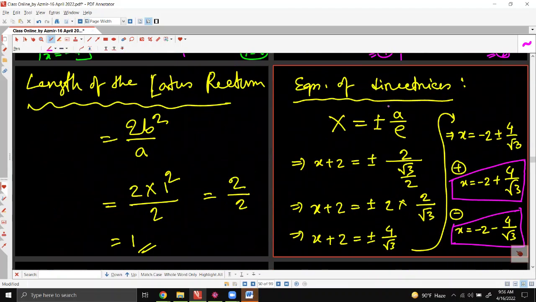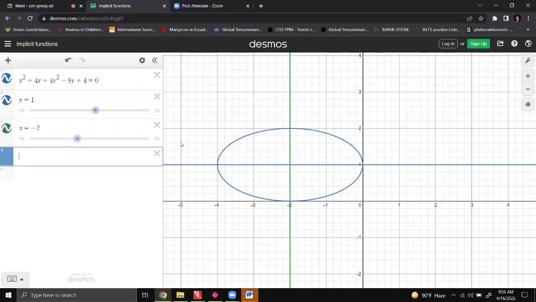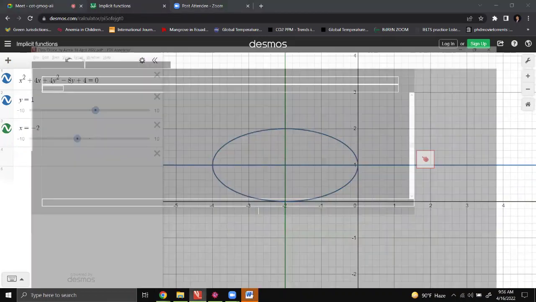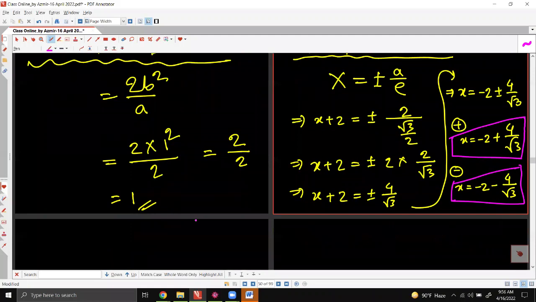And equation of directrices, it will be x equals minus 2 plus 4 over root 3 and x equals minus 2 minus 4 over root 3. So if we have the decimal values, we can also think about the directrices here. So this is how we can analyze an ellipse.